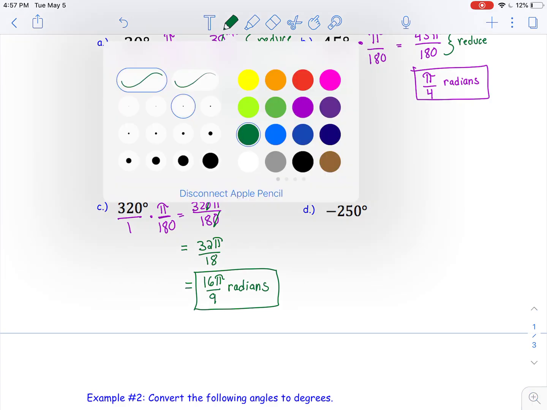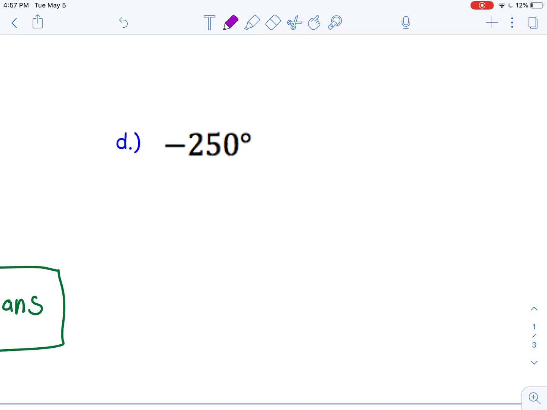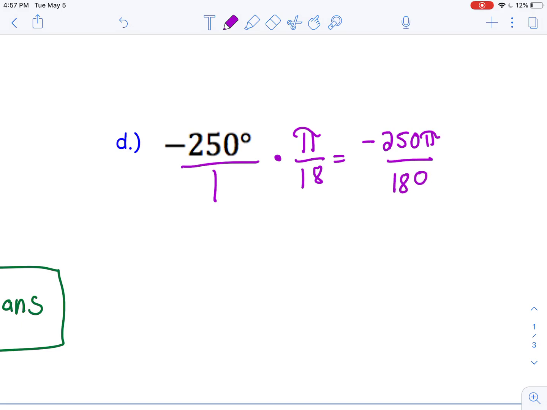And one more of the conversions from degrees to radians. And here you'll notice that there's a negative. So we can also think of angles opening in the negative direction. So sometimes we see negative angles. So I'm going to multiply this by pi over 180. That's going to give me negative 250 pi over 180.